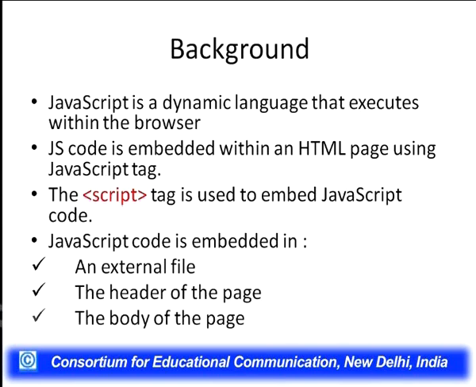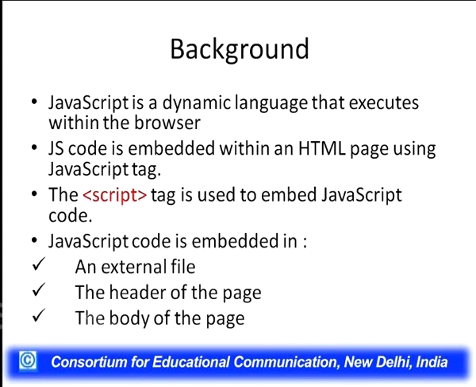JavaScript code can be embedded in three ways in an HTML file. First is by an external file, as we did in cascading style sheets, where you create a separate file and then link it to your HTML page.